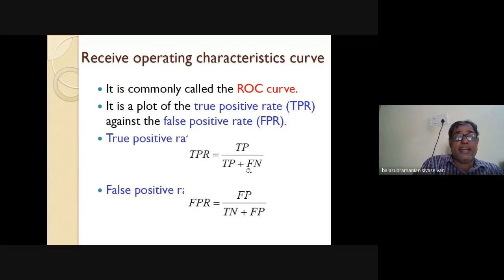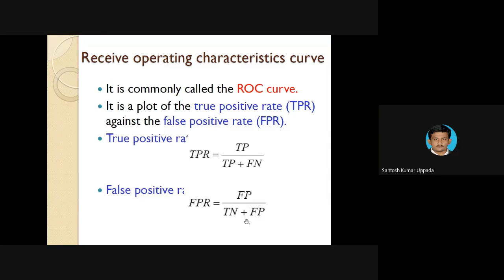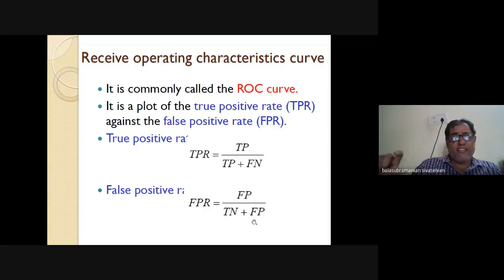Then the false positive rate is false positives divided by false positives plus true negatives.